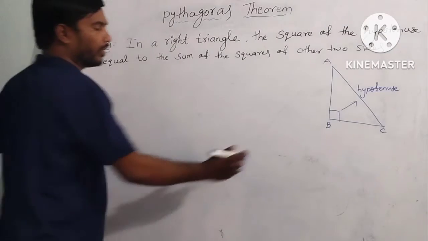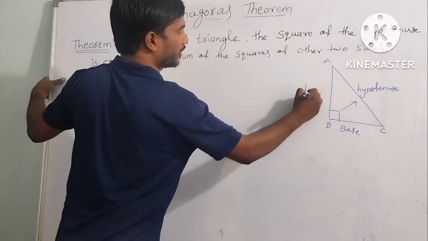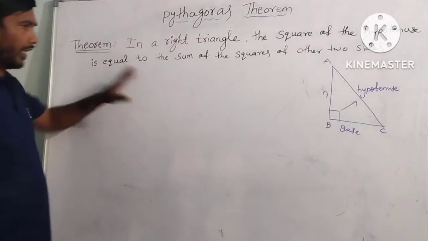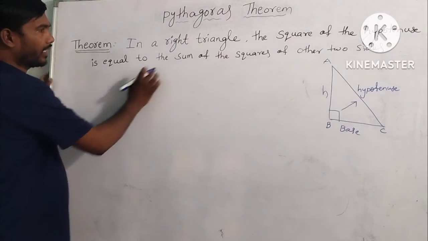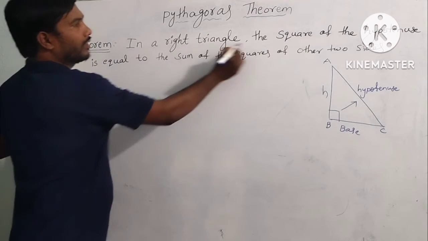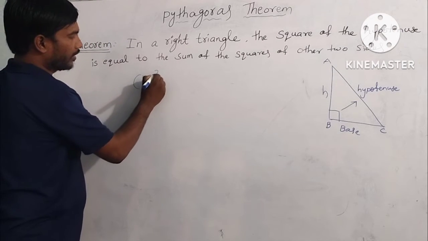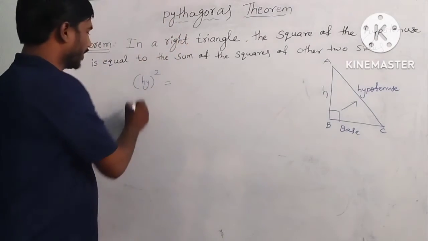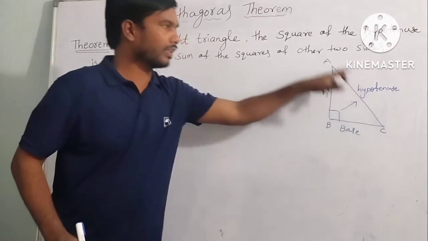Now we already know the base and height of the triangle, and the hypotenuse of the right angle triangle. So in a right angle triangle, always the square of the hypotenuse is equal to the square of the longest side, hypotenuse AC. According to the alphabets, here AC is the longest side, the hypotenuse.